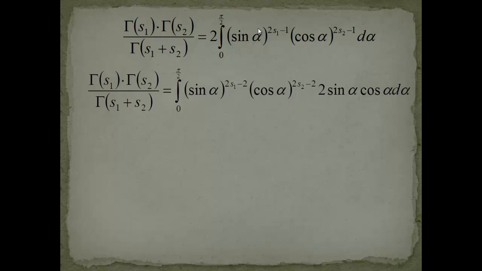He took one sinus from this, wrote it here, took a cosinus from here, wrote it here, and this 2, you just took this from here. Now, if you look at it, the power of the sinus function or sine function was reduced by 1, and the cosine function's power was also reduced by 1 because we took a sine and a cosine out of it.